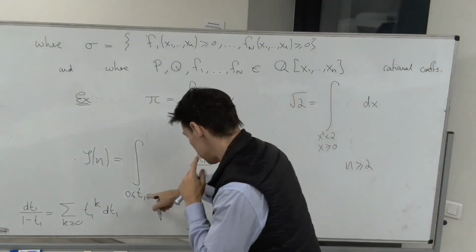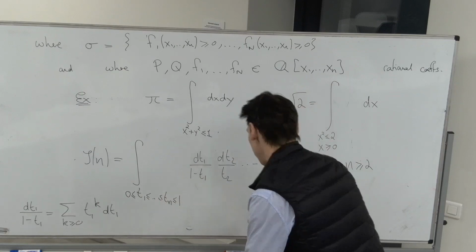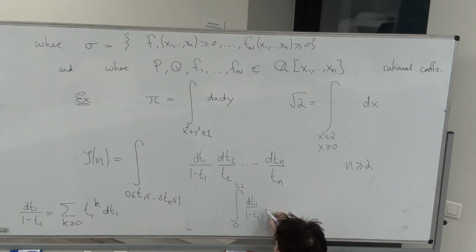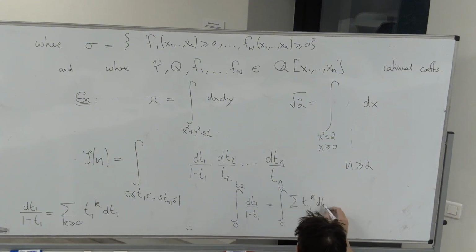And let me just do the first integration. So if we do the first integration, we want to integrate t1 from 0 to t2, dt1 over 1 minus t1. And that will be, by this formula, the sum of t1 to the k dt1.